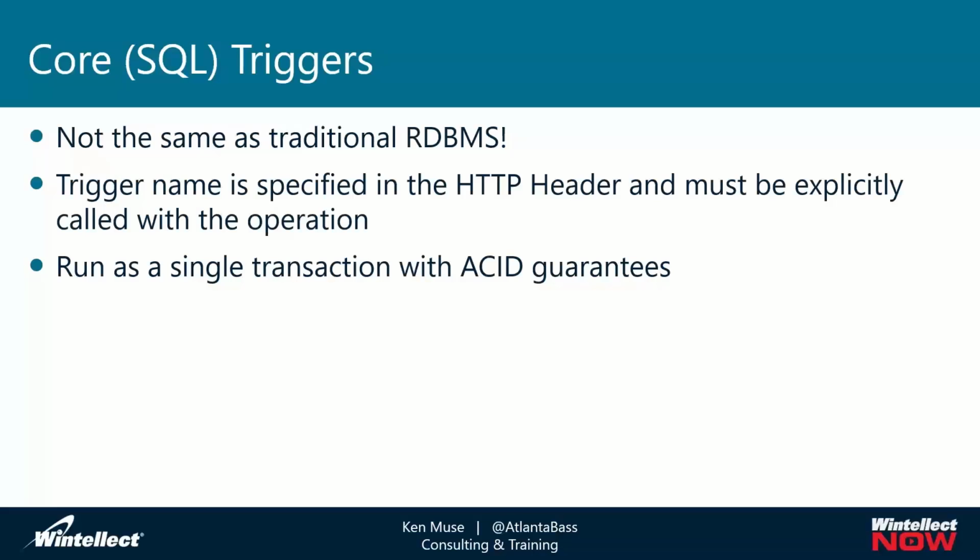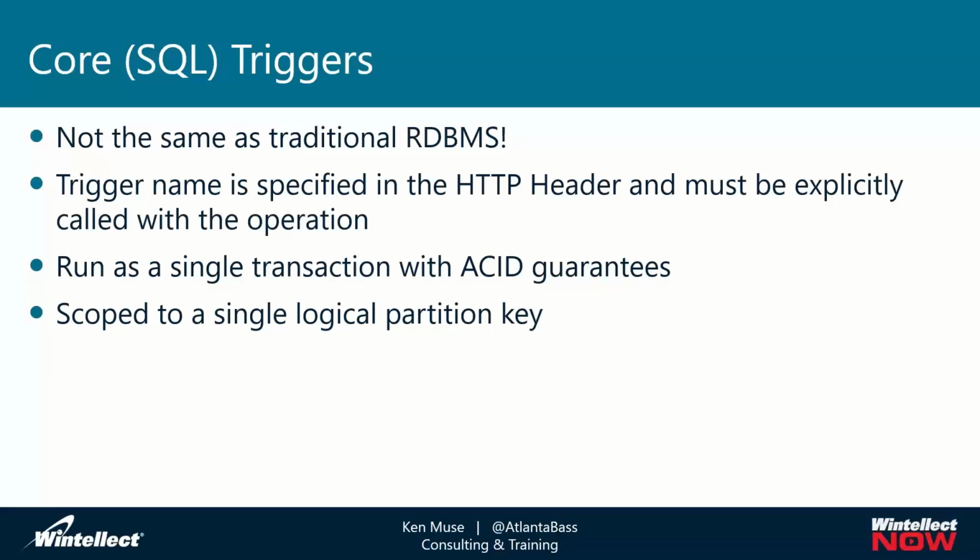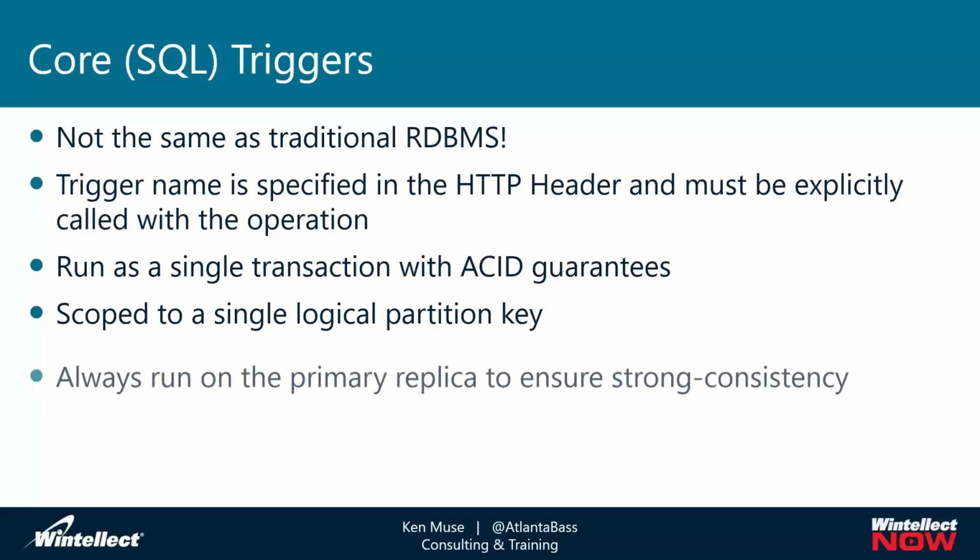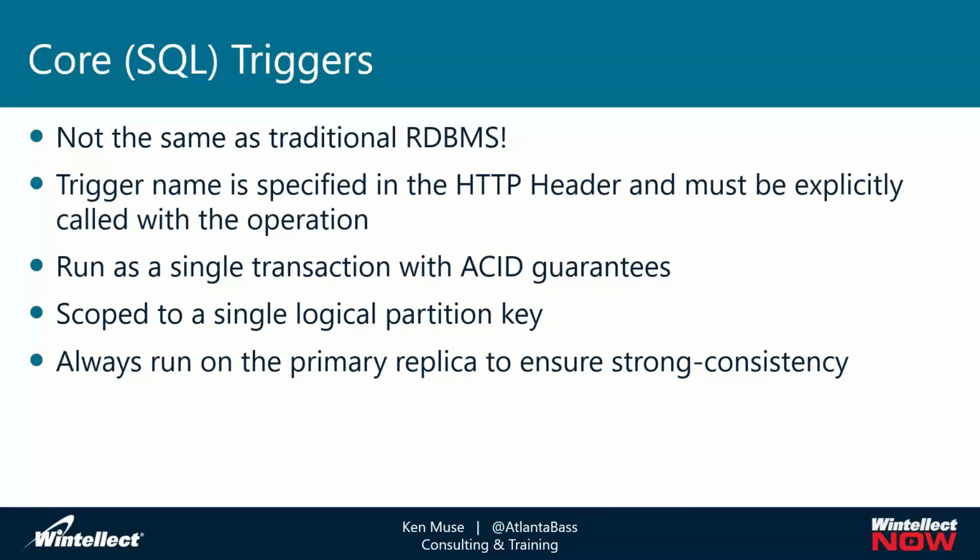Unfortunately, if you're thinking that this solves all of your ACID guarantee problems with Cosmos, you do need to be aware triggers are always scoped to a single logical partition. It has to always follow that partition key. And so as a result, once again, partition key is everything. You're going to want to consider how you have written the trigger and whether it is sticking to that single partition.